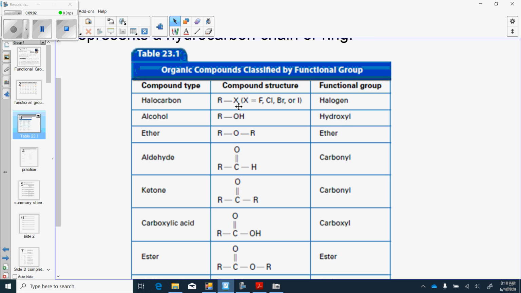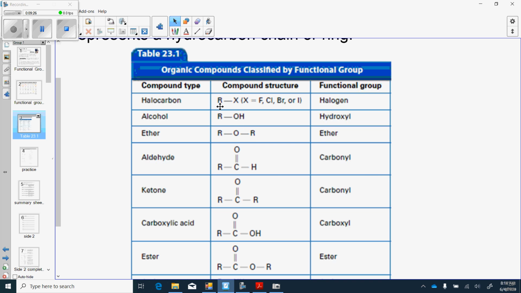The general formula, now when we talked about general formulas with hydrocarbons, we looked at CnH2n+2, CnH2n. So we were just counting how many carbons and how many hydrogens. Now we've got extra atoms, so our general formula might look a little different than it did before.